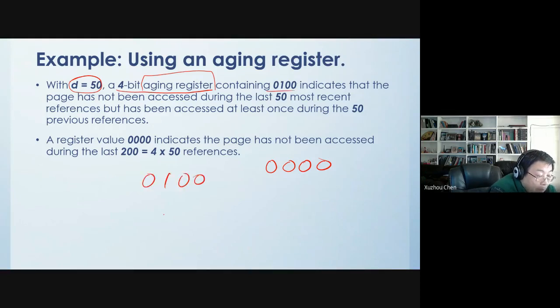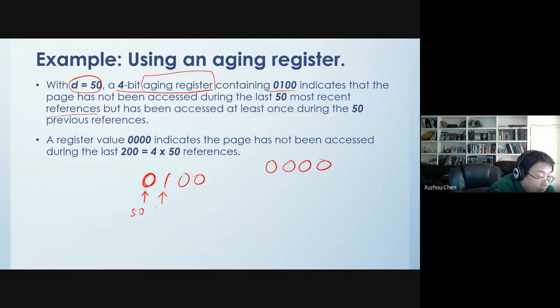The most recent bit is 0, so that means the page has not been referenced during the last 50 page references.